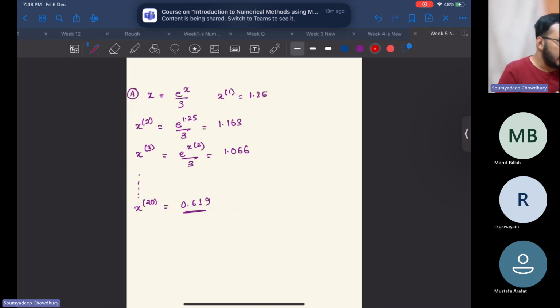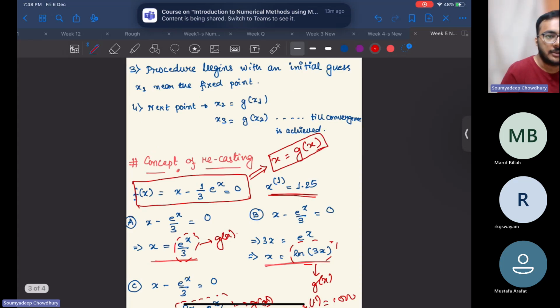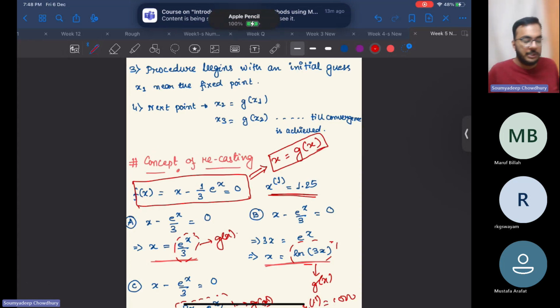So as I was telling, the choice of this recasting function and the initial guess of the solution will determine whether your solution is converging or diverging, or whether convergence is achieved or not.